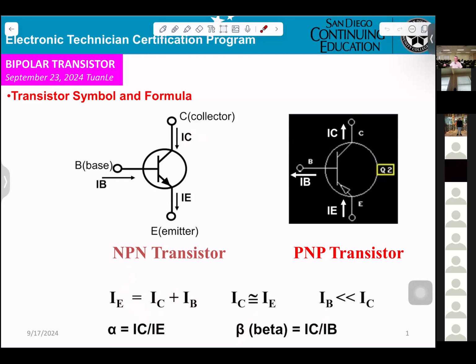Okay. What I expect you to know, when you see the symbol, you know that it's an NPN transistor or a PNP transistor. That's the first thing to recognize. The second thing is the current flowing. NPN: IB going in, IC going in, IE leaving.